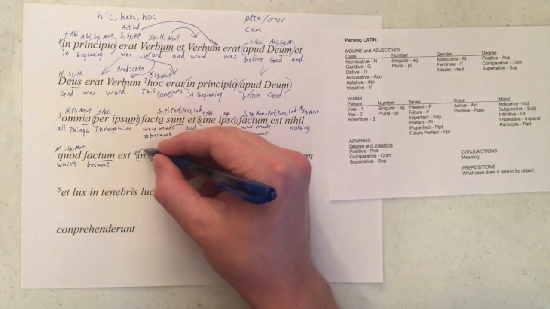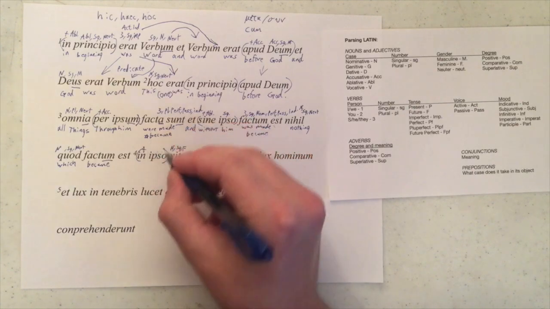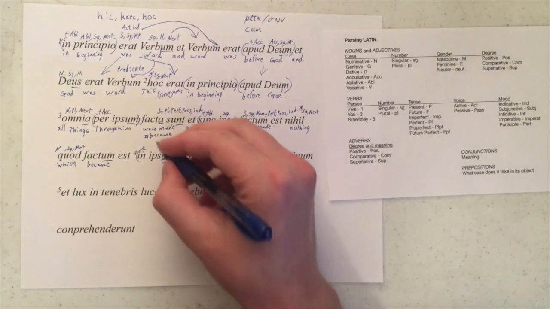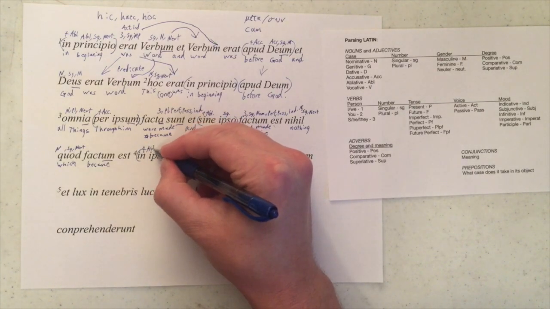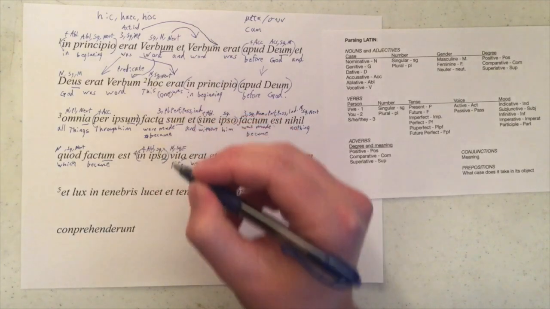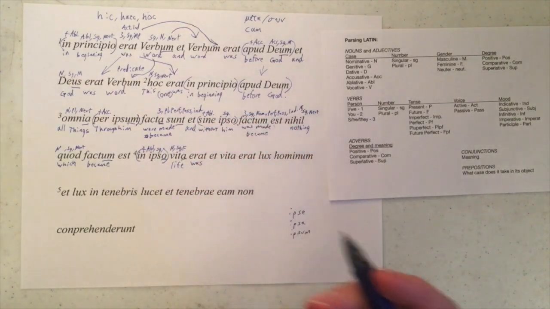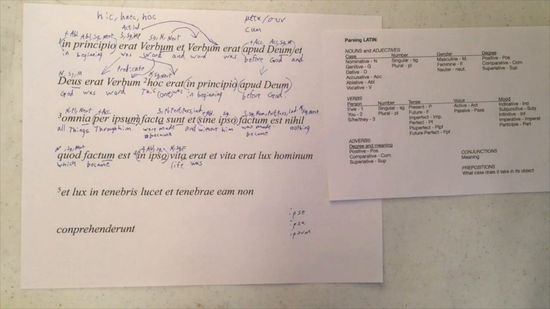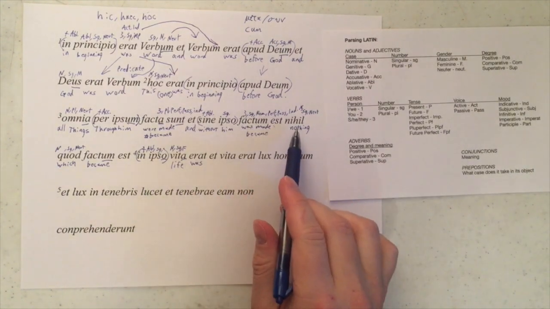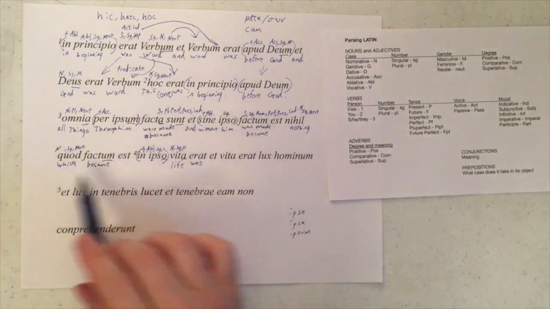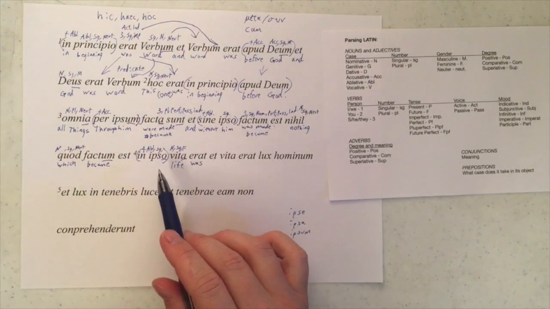In ipso, this one is going to take the ablative, because we got our long O here, ablative, and it's going to be singular. And now we need to just figure out, to what does it refer? Okay, it's not going to be nihil. That doesn't make sense in the context.